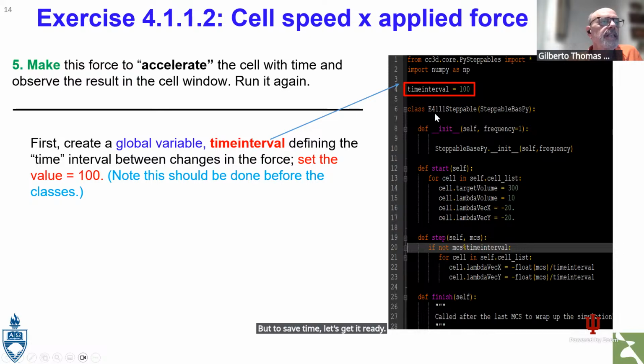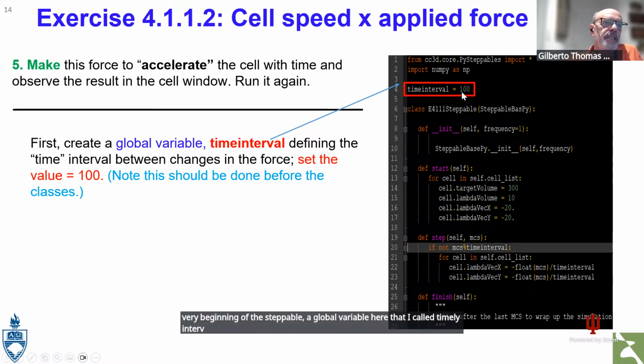So the first thing to do, well, acceleration depends on time. So we have to define a time interval to change the motion or to change the force. So at the very beginning of the steppable, we define a global variable that I called time interval, and I set it equal to 100.